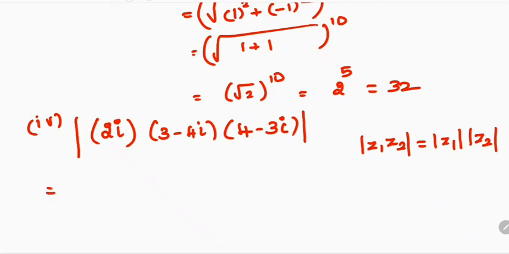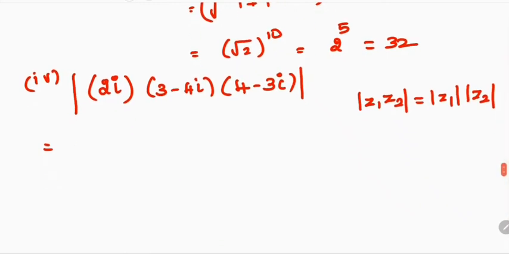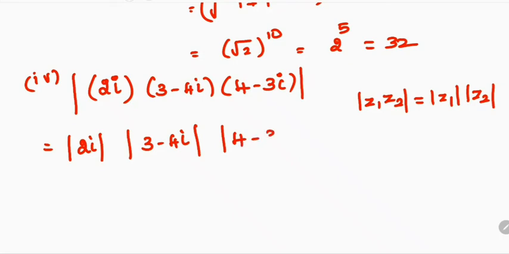So here three complex numbers are in the product, and we have to find the modulus of the product. For that we can write the modulus of 2i into the modulus of 3 minus 4i into the modulus of 4 minus 3i. What is the modulus of 2i?